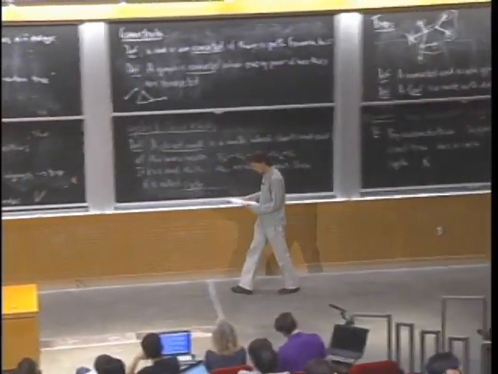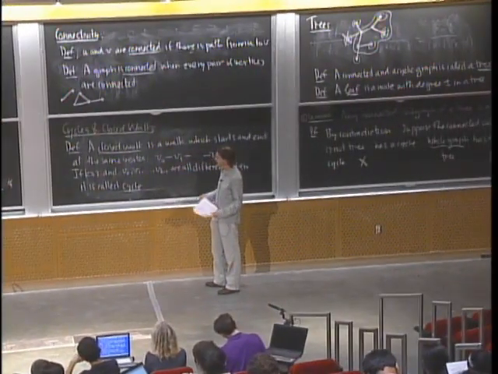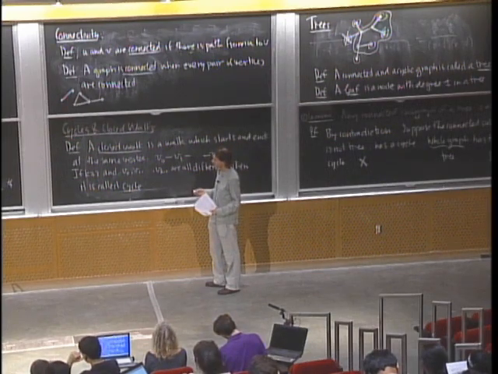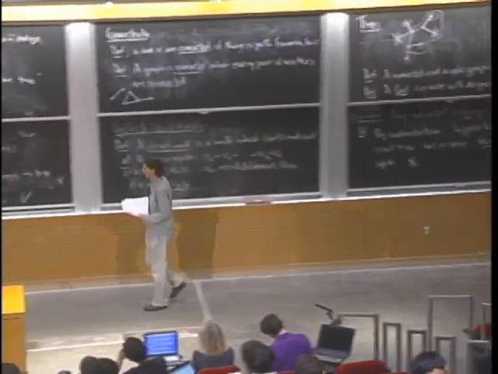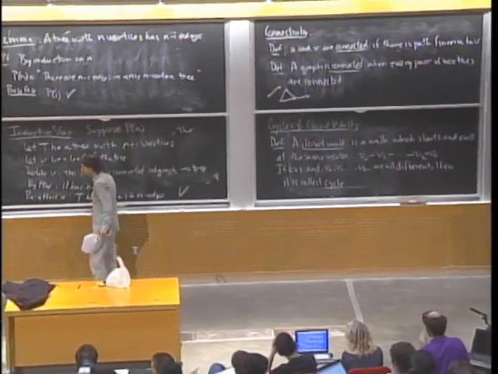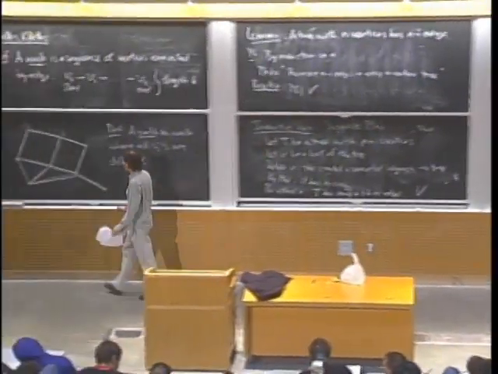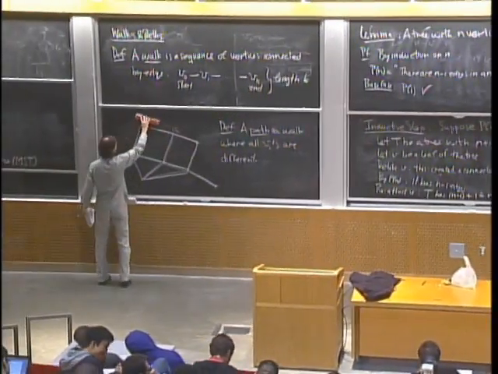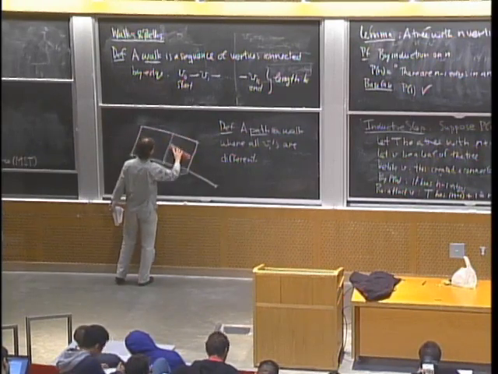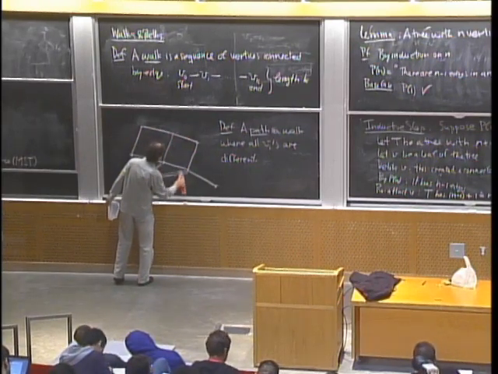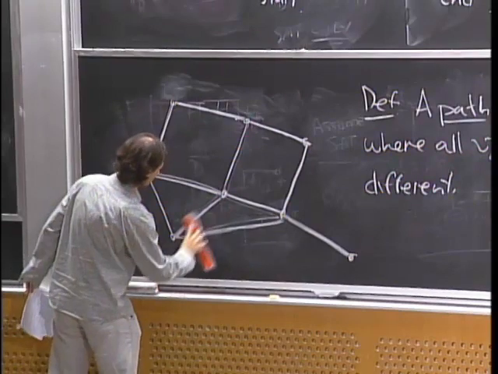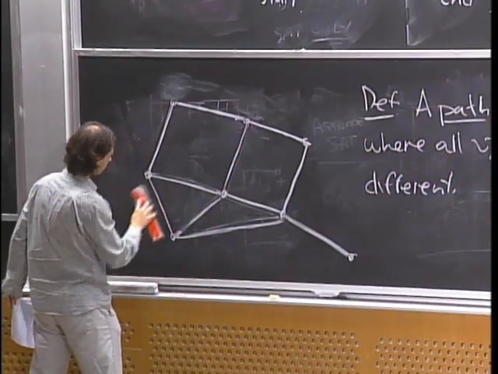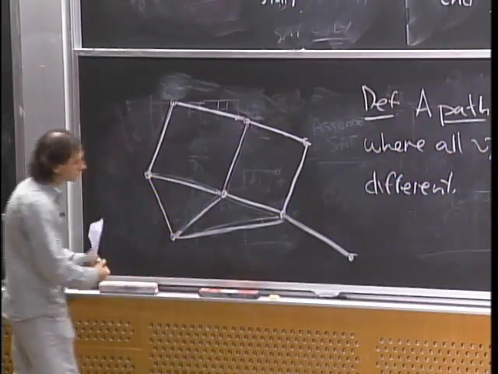Okay, so let's now talk about very special trees, spanning trees. Now I think this is a very exciting topic. So let's look at this particular graph over here, and let's define spanning trees. So what's a spanning tree?